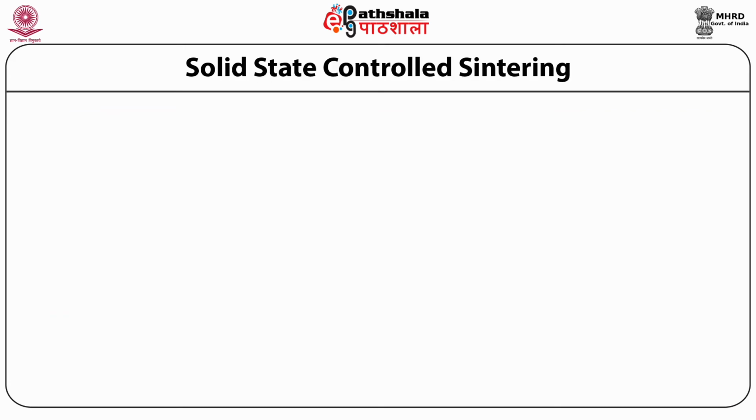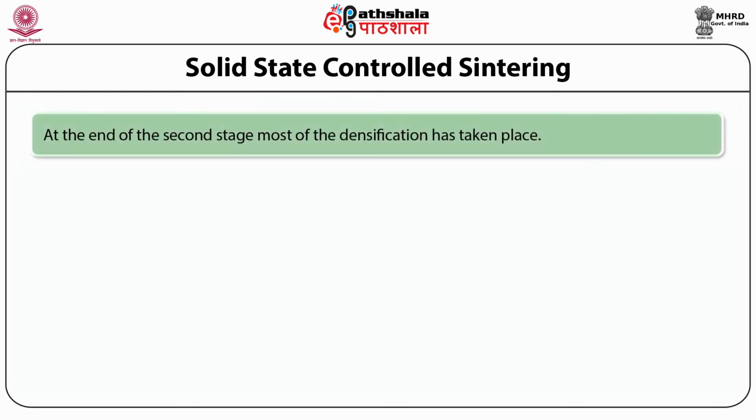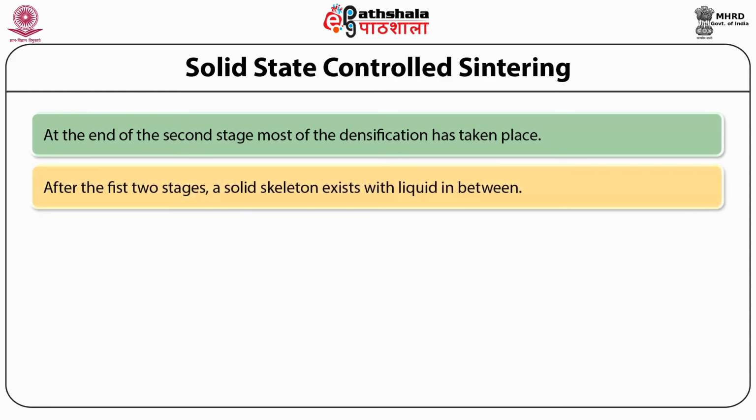Now the last stage is solid state controlled sintering. At the end of the second stage, most of the densification has taken place. After the first two stages, a solid skeleton exists with liquid in between, and further sintering can now occur by solid state diffusion, while some solution reprecipitation process continues.